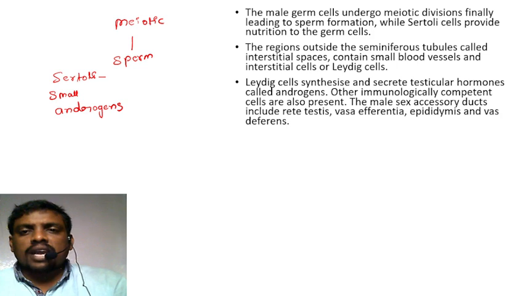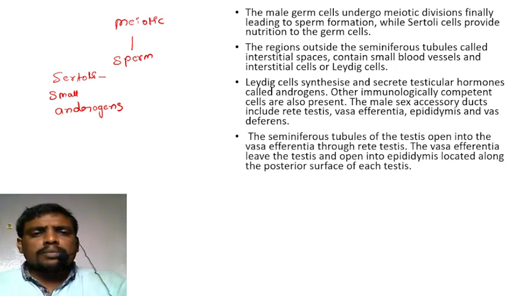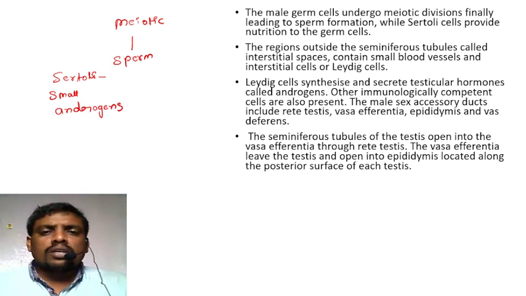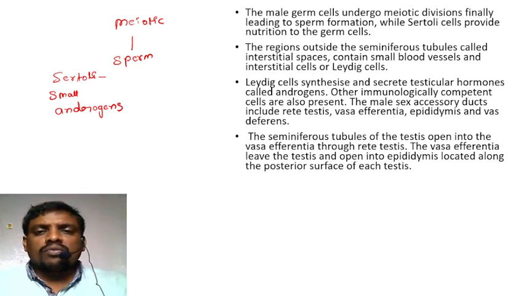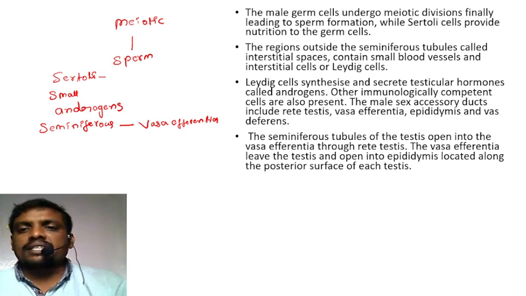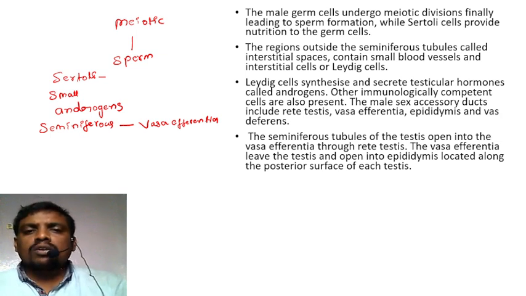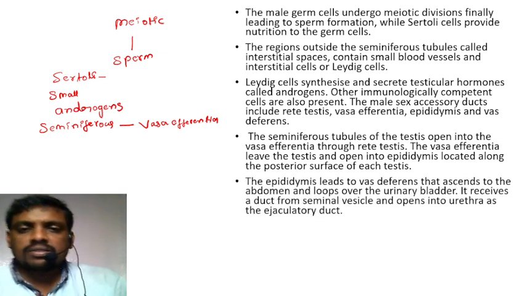Male sex accessory ducts include the rete testis, vasa efferentia, epididymis and vas deferens. The seminiferous tubules of the testis open into the vasa efferentia through the rete testis. The vasa efferentia leave the testis and open into the epididymis, located along the posterior surface of each testis.